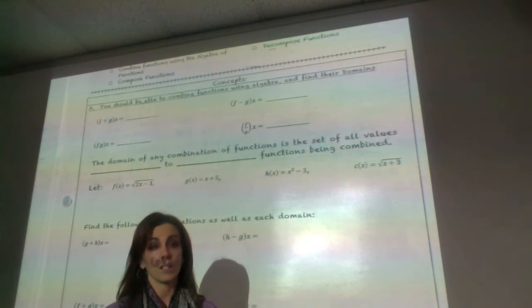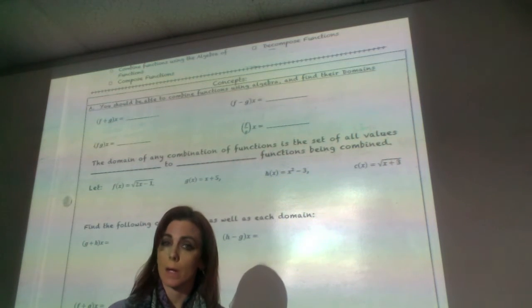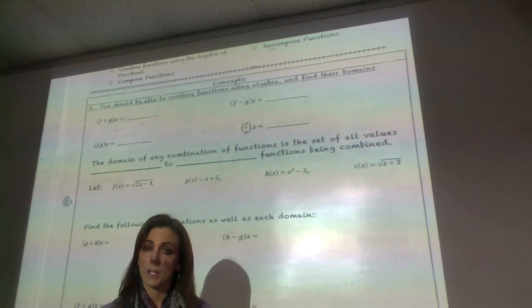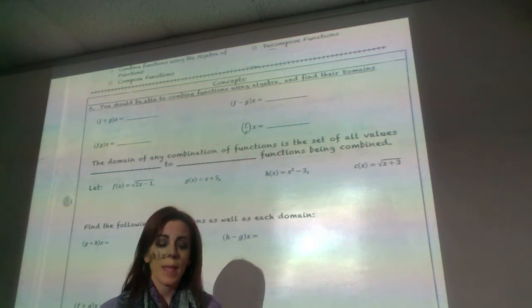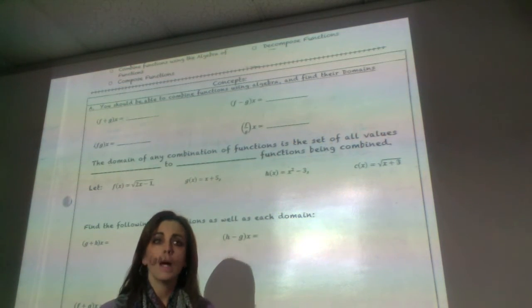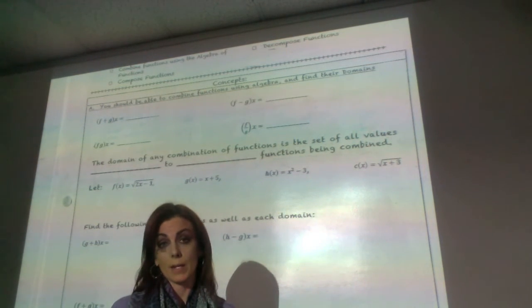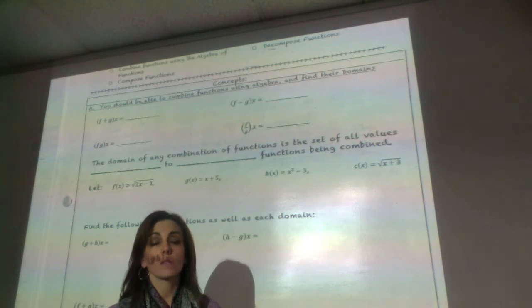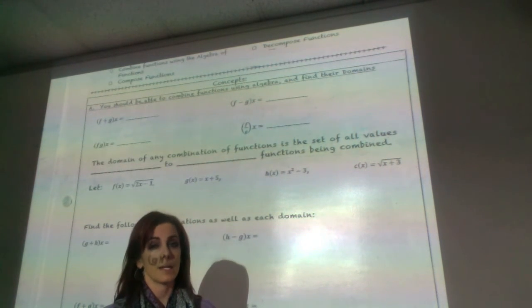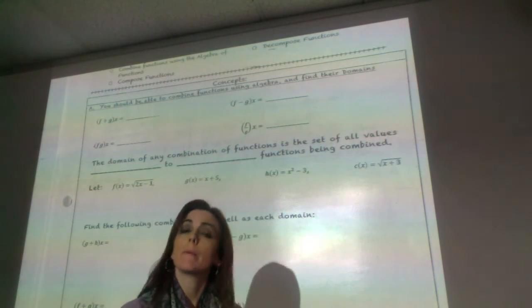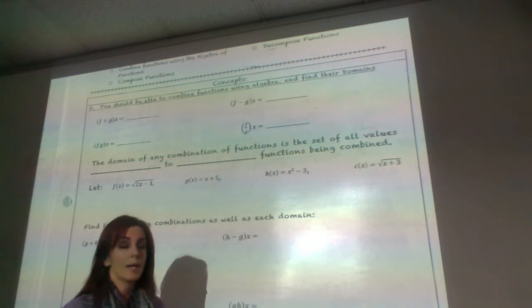If there's a logarithm, we can only take a logarithm of something that's positive. So we would want to watch for that. And when we have an even indexed radical, we would want to make sure that the radicand is not negative. So it can be positive or 0, but not negative.